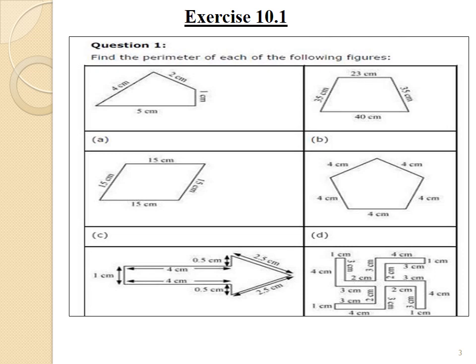Thus, in order to find out the perimeter of the given figures, we have to observe the figures very carefully and we have to add all its sides or length. So now let us find out the perimeter of the given figures.